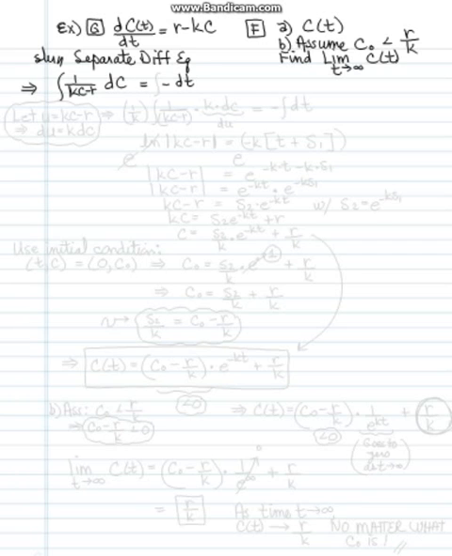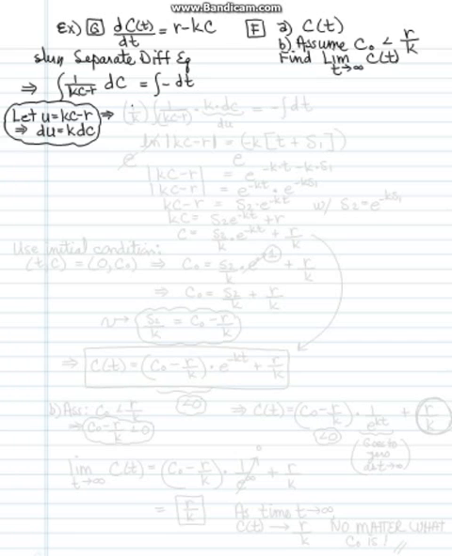Then I'm going to take the integral of both sides, and then I'm going to get ready for a u substitution. Let u equal k times c minus r, where k and r are constants. Then du, the differential, is just k dc. Okay, let's get ready for that substitution here.